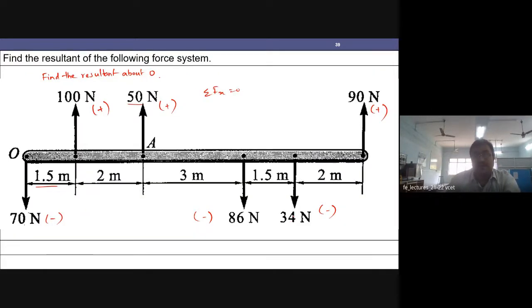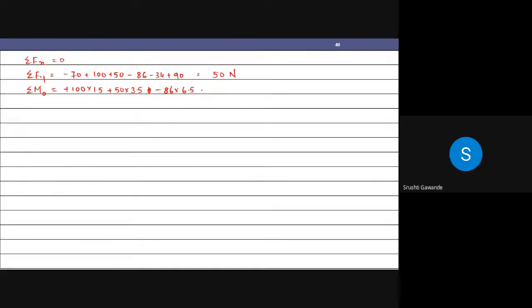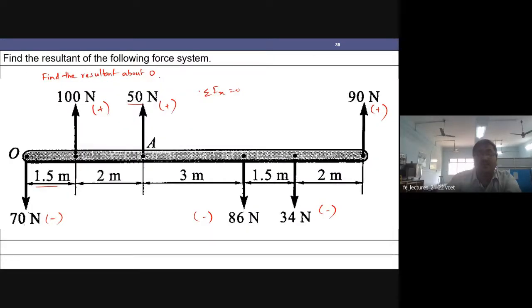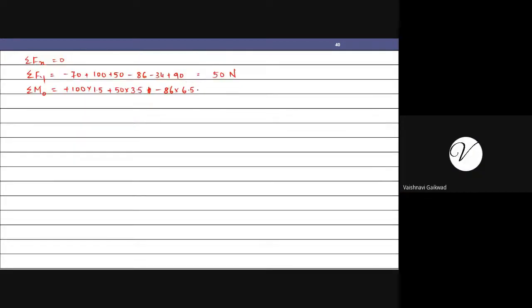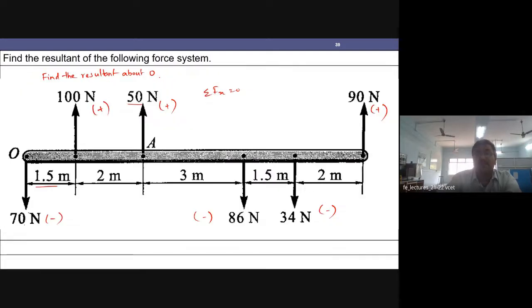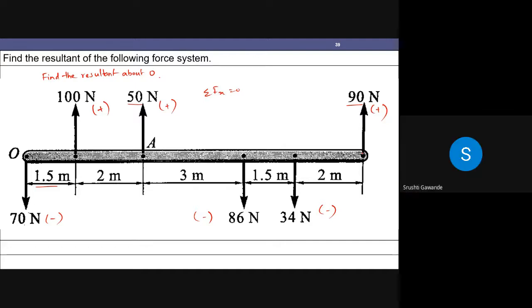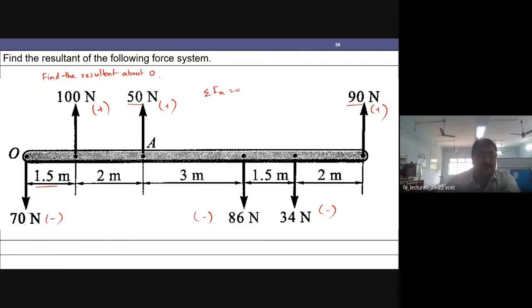Next force, 34 Newton. What is the distance? 8 meters. The effect is clockwise, so minus 34 into 8. Finally, I have 90 Newton. What is its distance from O? 10 meters, the total distance.